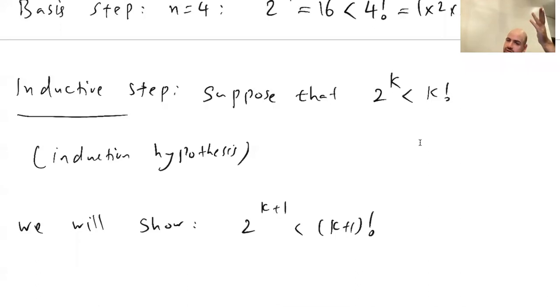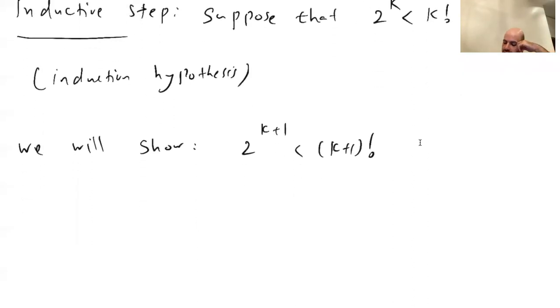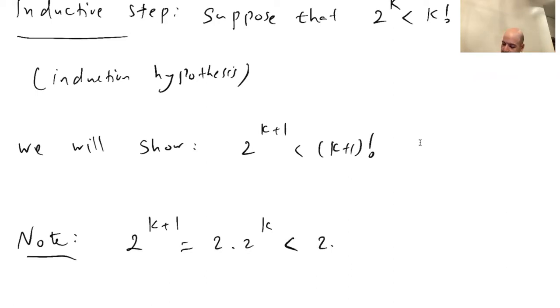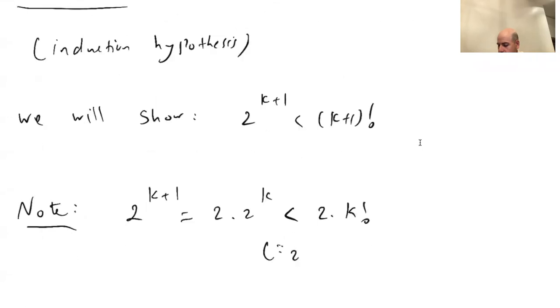Well, this is almost obvious. 2 to the power k plus 1, of course, can be written as 2 to the power k times 2. And 2 to the power k, we already know that is less than k factorial. So note 2 to the power k plus 1 is equal to 2 times 2 to the power k. And that's less than 2 times k factorial, because 2 to the power k is less than k factorial.